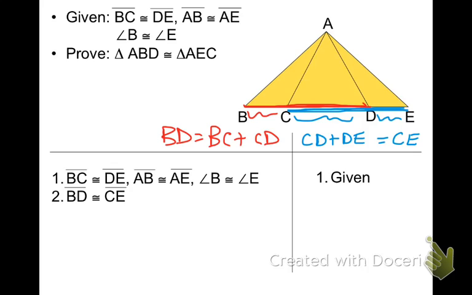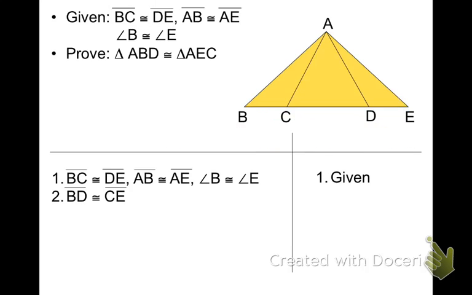It's this, BC plus CD. Well, both of these segments share a CD, segment CD. So we're actually showing congruence here. Their measures are equal. If we cancel out CD, we've got BC equal to DE, and that's a statement that's given to us. BC is congruent, segment BC congruent to DE. So therefore we can also conclude what's in the proof, and that's segment addition postulate. That's all we need for side angle side to prove the triangles congruent.